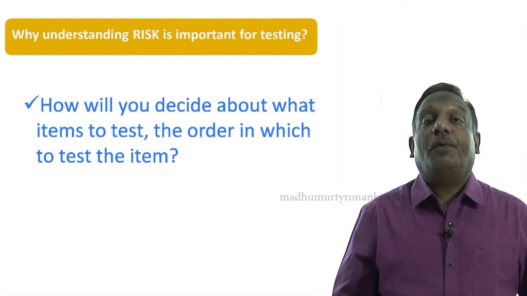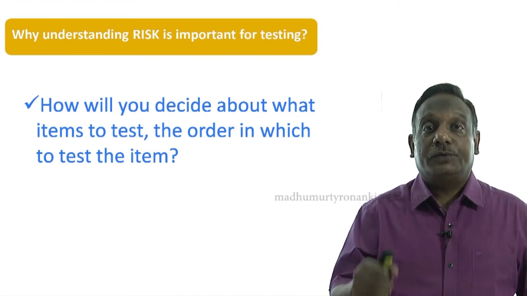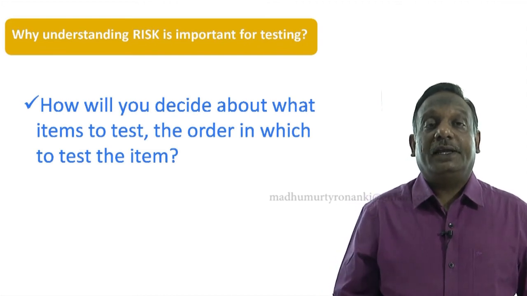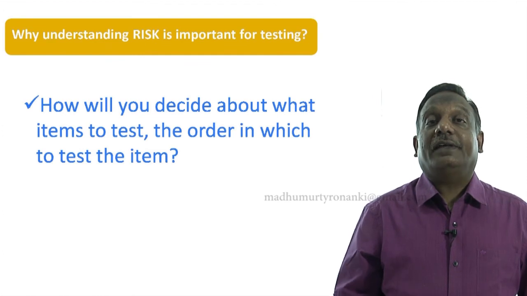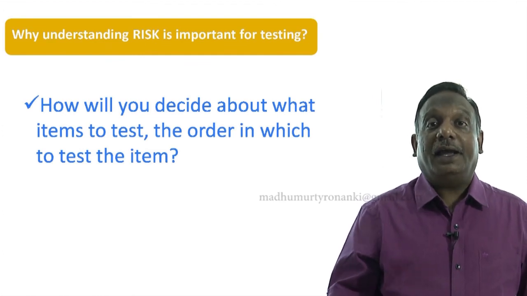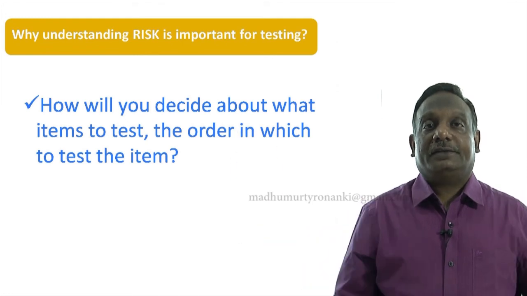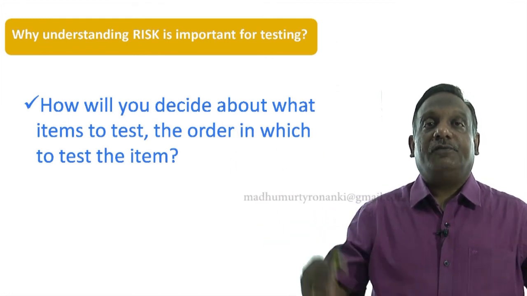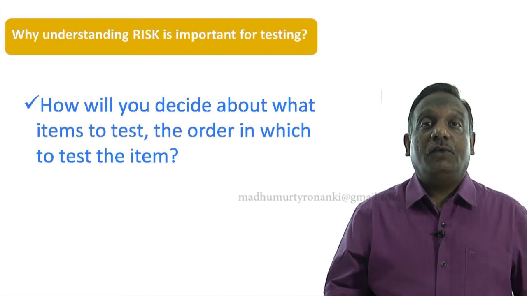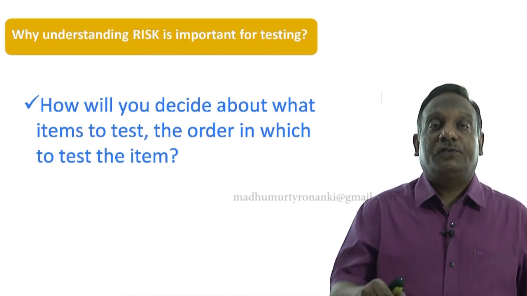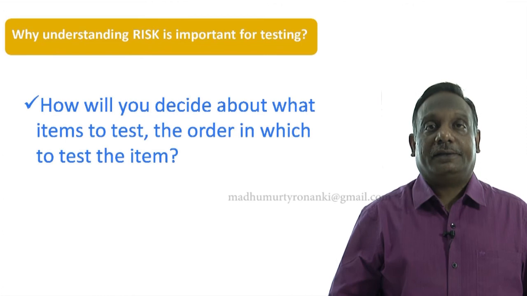And the next point why as testers we should be good at understanding risk is how to decide and prioritize the testing order. I have 100 tests to test 10 features, but which feature will I start testing first? Which feature will I postpone till later?